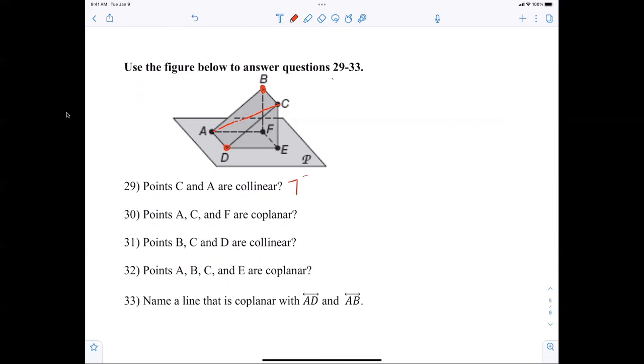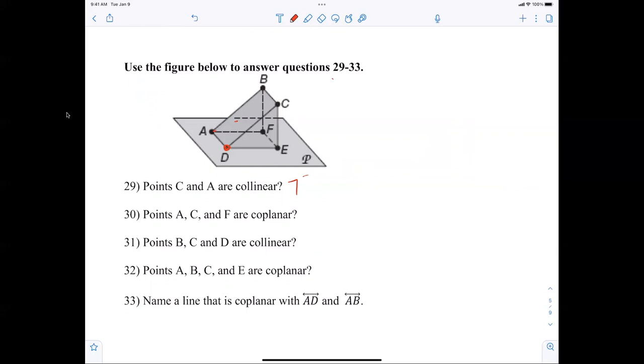Are A, C, and F coplanar now? Are A, C, and F coplanar? Collinear means they're on the same what?